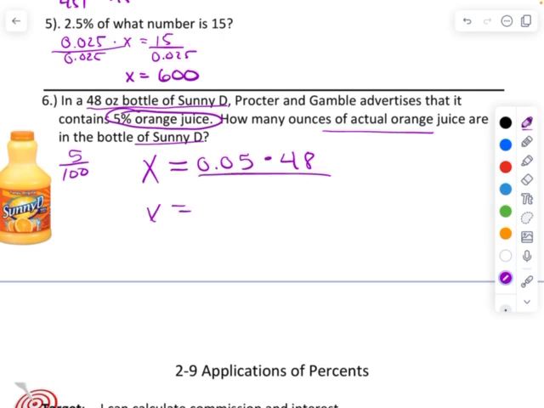And so when I calculate that, that's just a plug and chug. I should get 0.05 times 48. Oops, I'm getting an error. 0.05 times 48 is 2.4. So only 2.4 ounces of that bottle of Sunny D is actual orange juice.